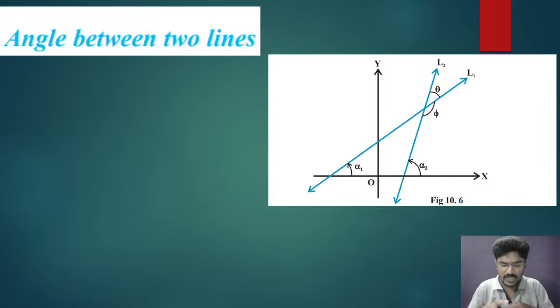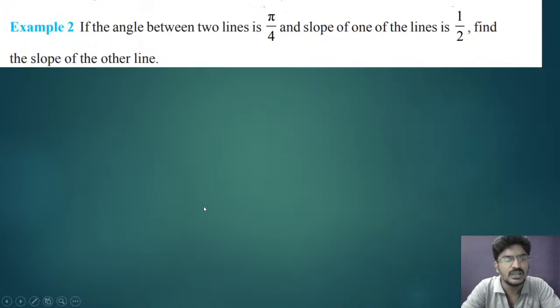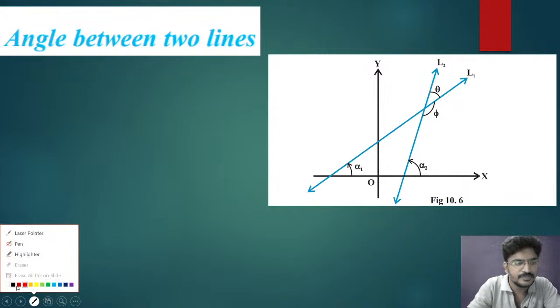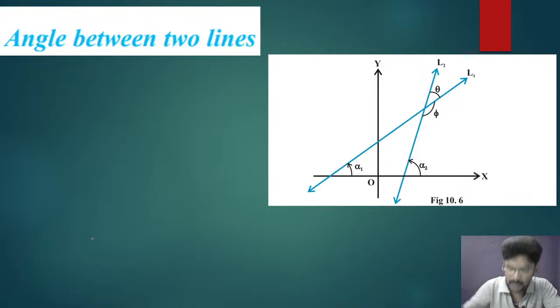So see, whenever two lines intersect each other, there is going to be an angle between them. You can see here, you have two lines which are intersecting each other.